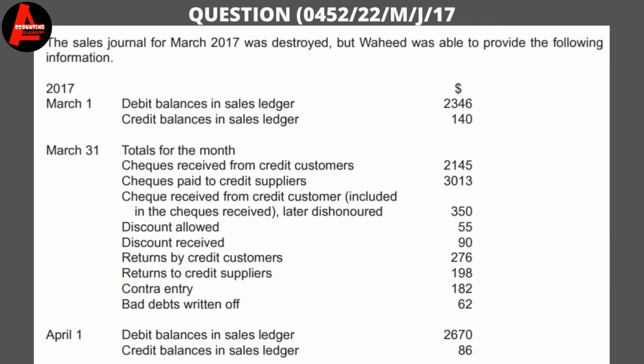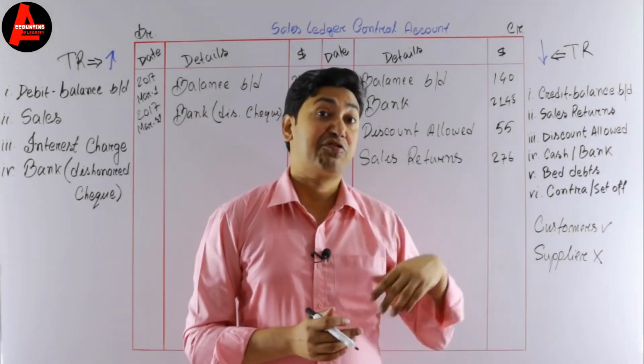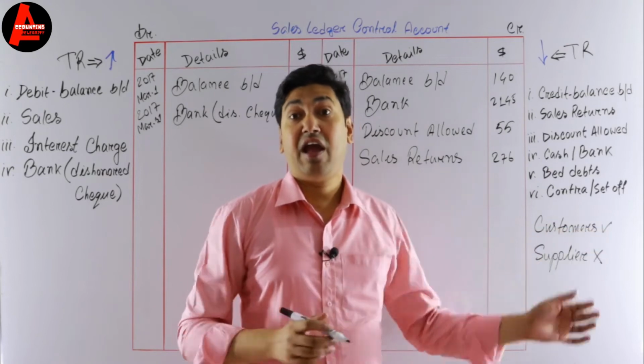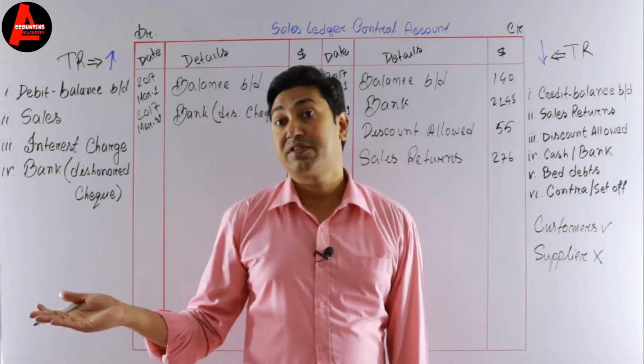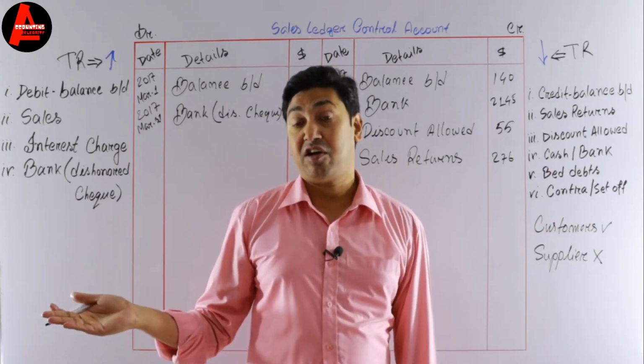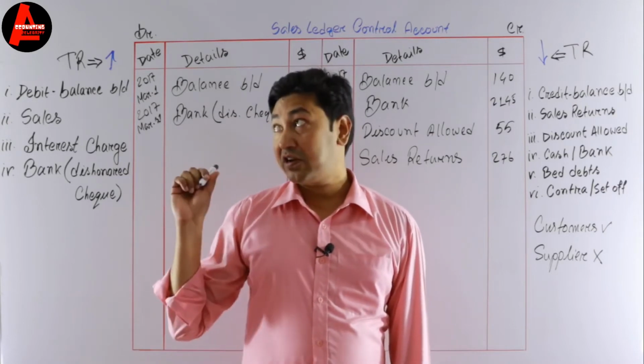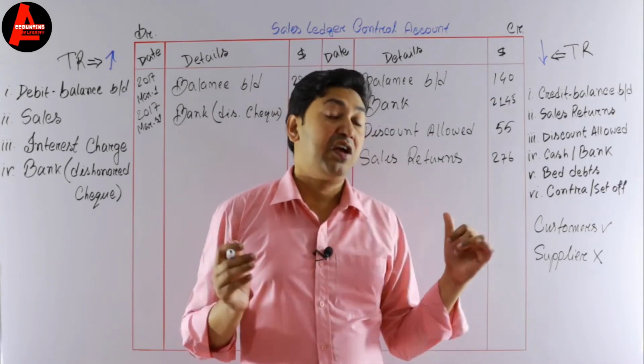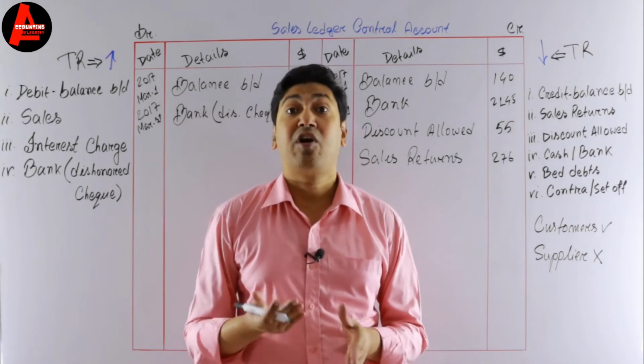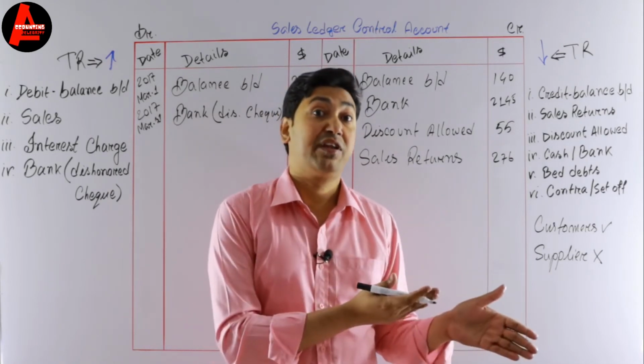Okay, very good. Next one is contra entry. Yes, contra entry will be recorded. So contra entry comes in the credit side of sales ledger control account and in the debit side of purchase ledger control account. So we are doing sales ledger control account, we have to record in the credit side. Don't forget, sometimes contra entry comes with a different name.